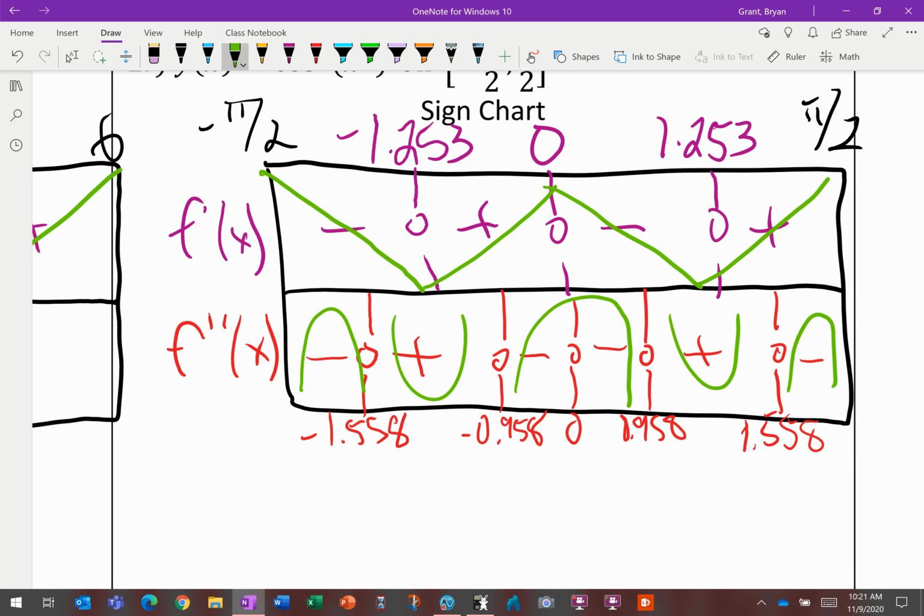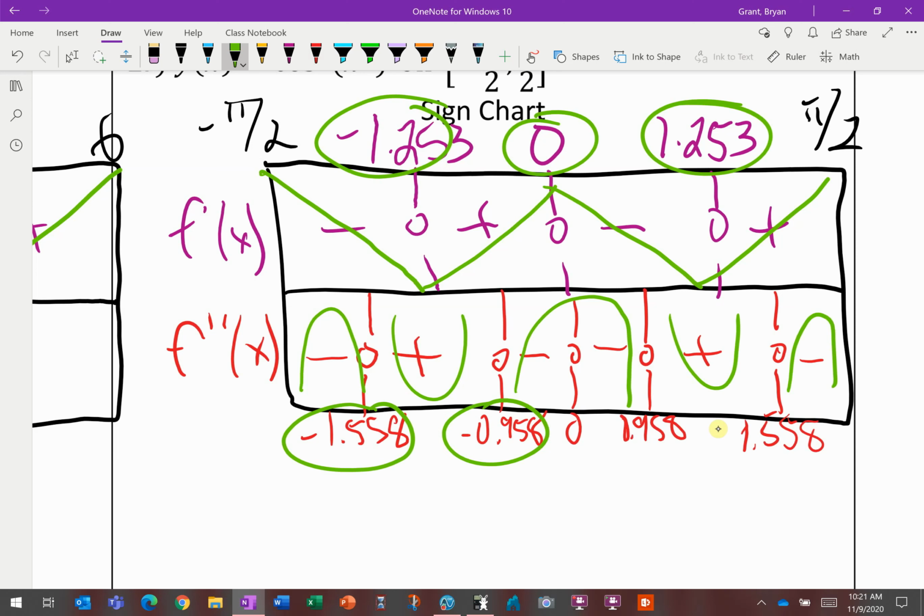And so if this asked you to identify the inflection and critical points, well, critical points, easy. Critical point, critical point, critical point, because that's where f prime is 0. Inflection points, a little harder. Inflection point, not an inflection point, inflection, inflection.